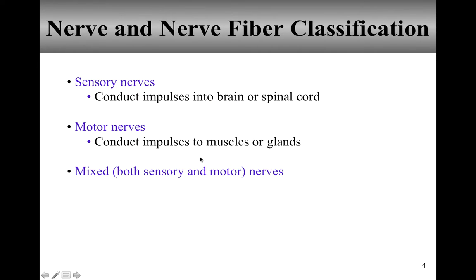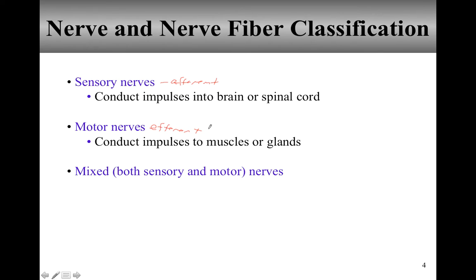The sensory nerves conduct impulses into the brain or spinal cord. These sensory nerves are those afferent nerves. And then the motor nerves were the efferent nerves, with the E. Mixed nerves are a combination of both of them.